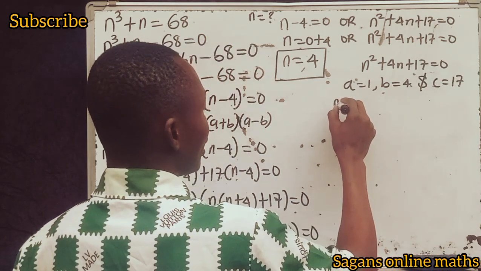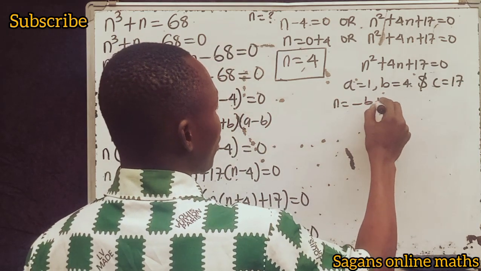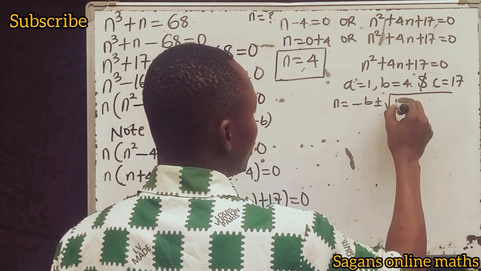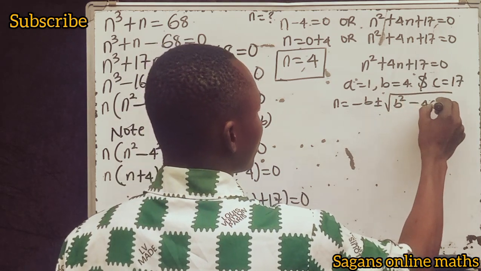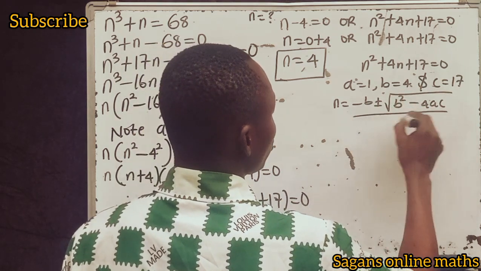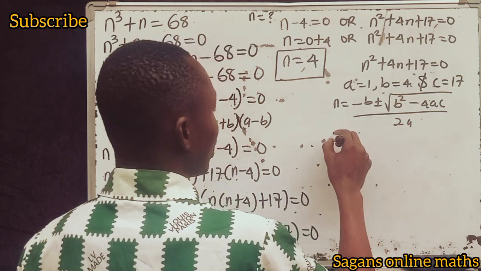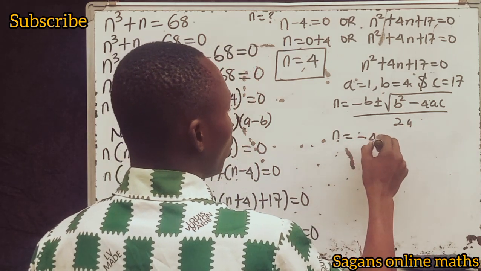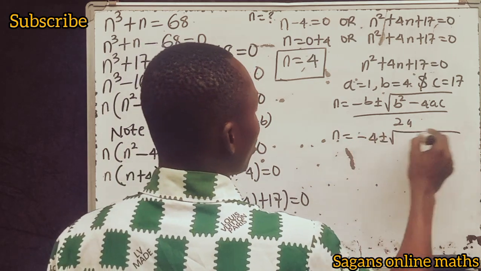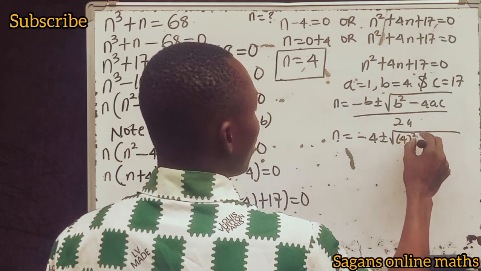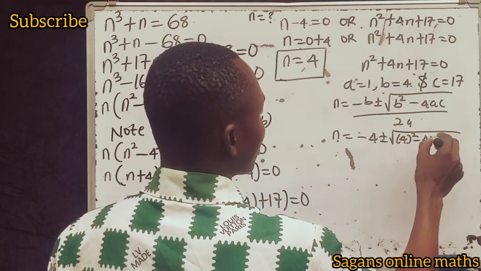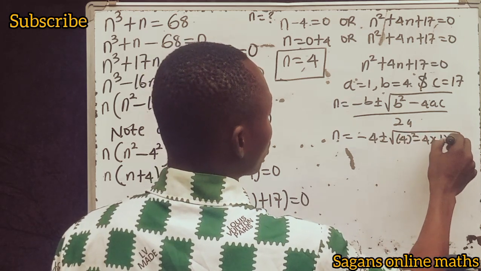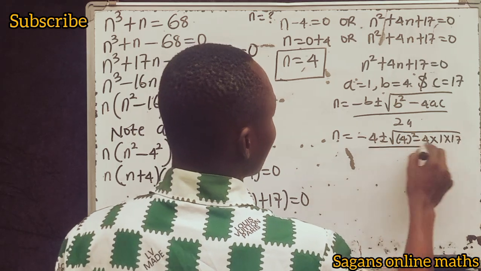It means that our n equals minus b plus or minus the square root of b squared minus 4ac, divided by 2a. Then our n will equal minus 4 plus or minus the square root of 4 squared minus 4 times a, which is 1, times 17, which is c, divided by 2 times 1.